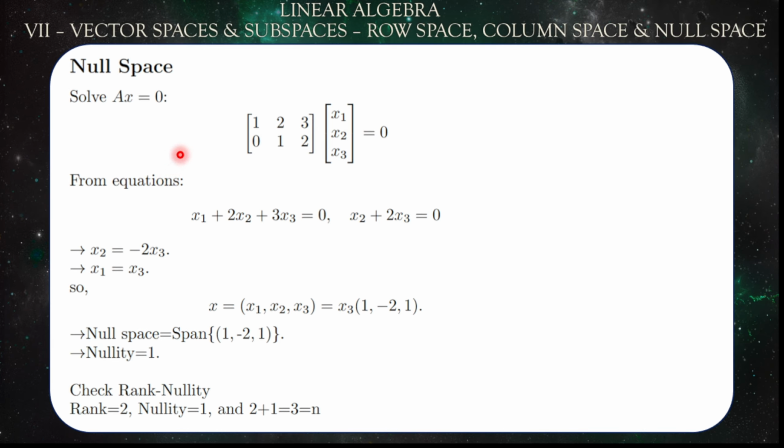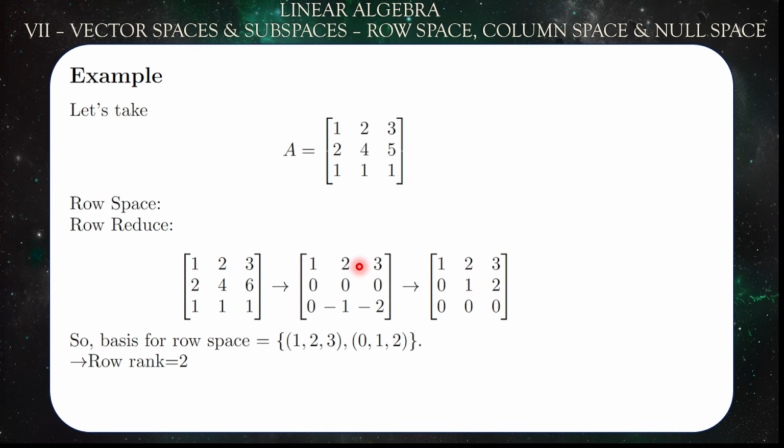Null space. How do we get the null space? We simply solve Ax equals 0, with A being the set of rows that form the linearly independent components of the space. These are only the linearly independent rows, namely 1, 2, 3 and 0, 1, 2, that we've gotten from row reducing the matrix.